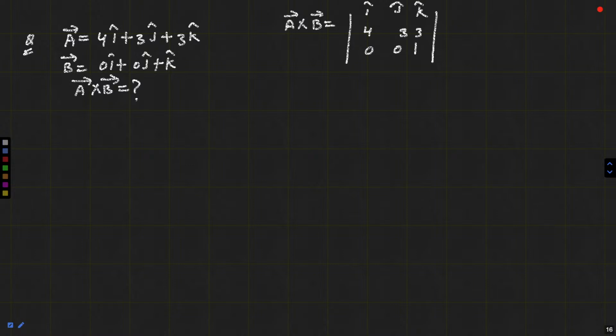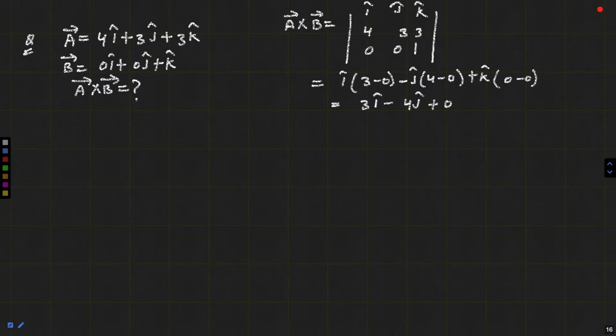So I cap times 3 minus 0, minus j cap times 4 minus 0, and k cap times 0 minus 0. So it will be 3 I cap minus 4 j cap plus 0 k cap. So this is the answer.